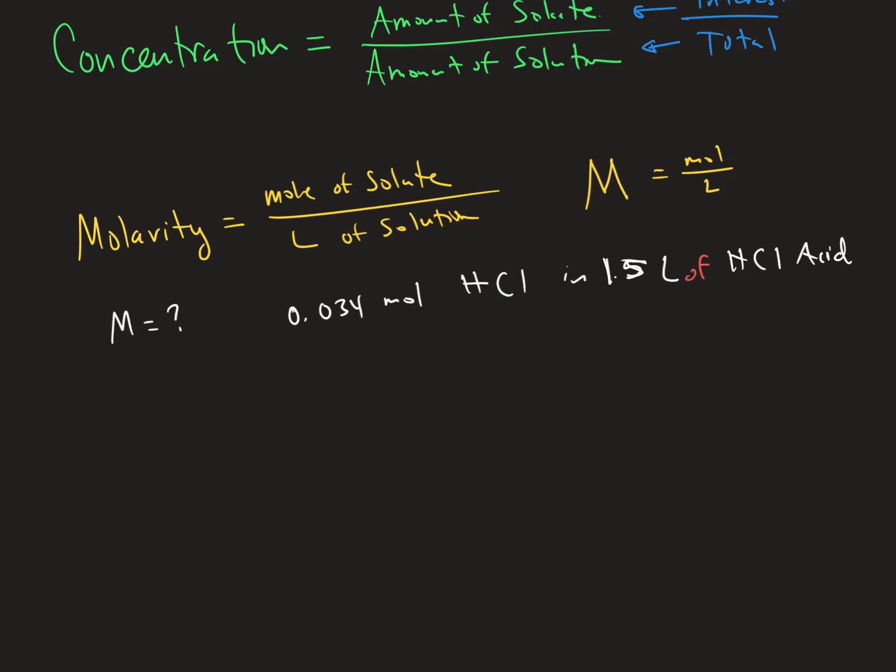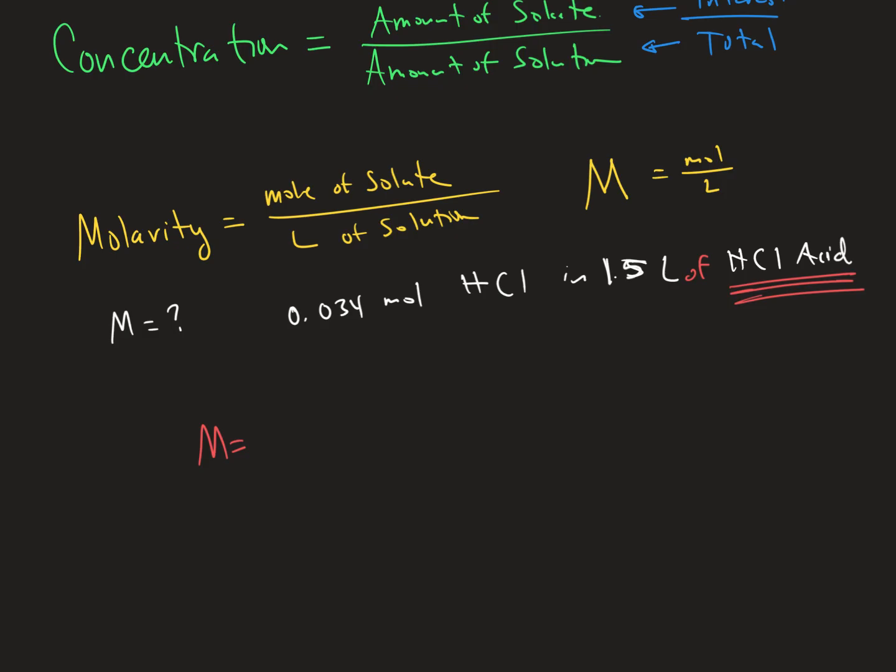Okay, so how do we calculate molarity? Moles of solute. Oh, which is the solute? The acid or the HCl? Acid is an aqueous solution. That's how we know it's an acid. Did we talk about that with acid-base reactions? Acids and bases must be aqueous solutions.